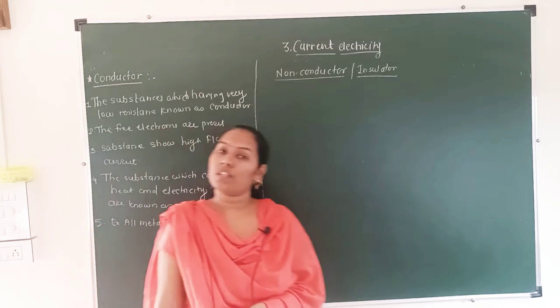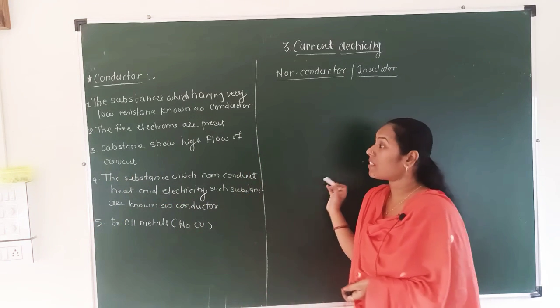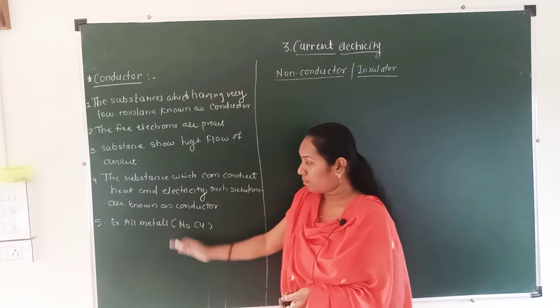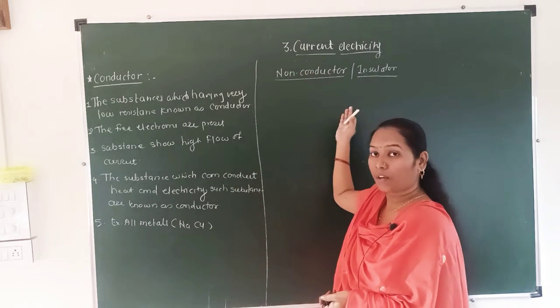Now we are going to discuss the non-conductor, also known as insulator. These points for conductor are opposite for the non-conductor.